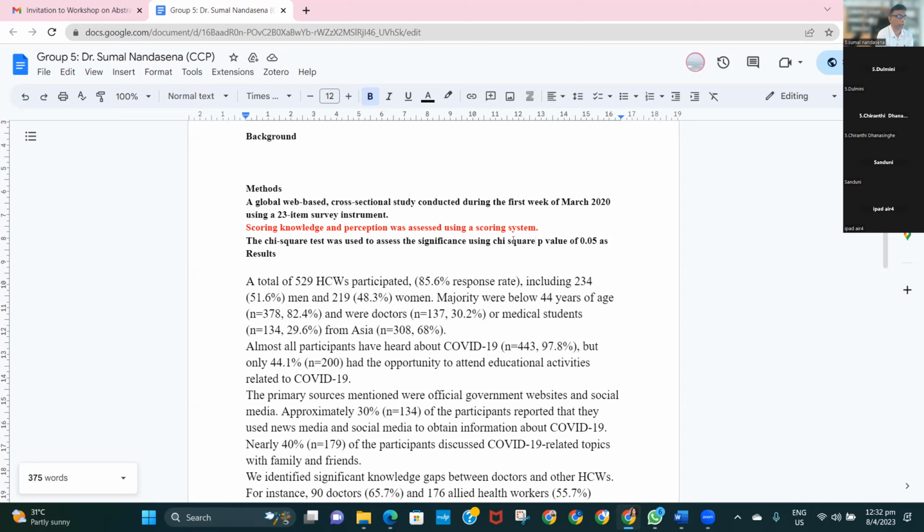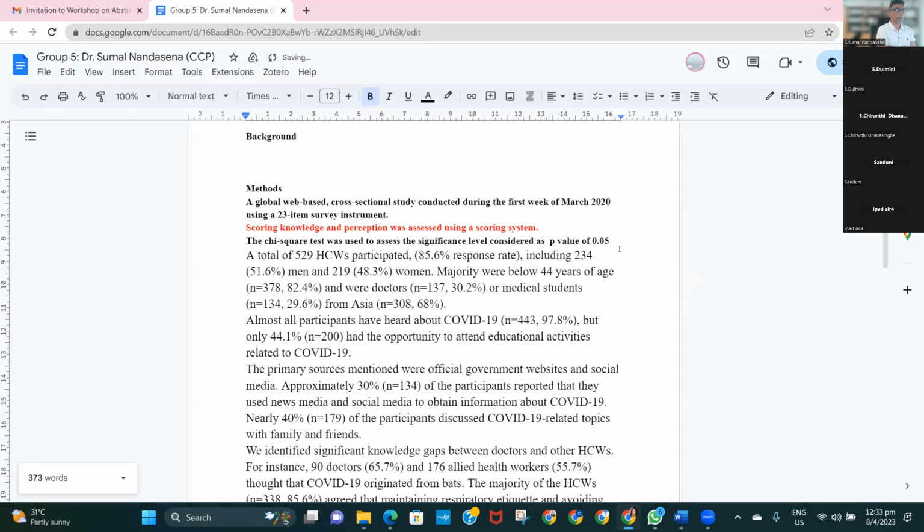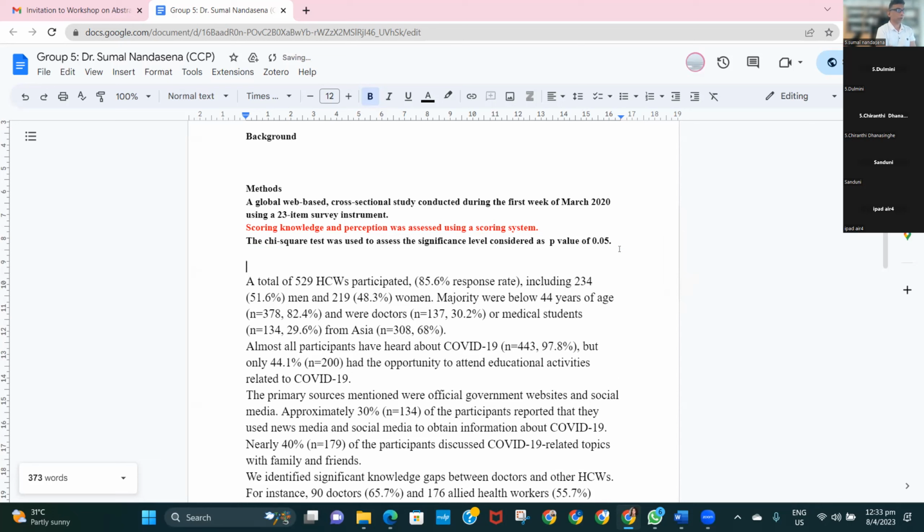You can write it as significance level considered as 0.05, because we start with the word chi-square test. So you can write the significance level without making it too lengthy and complicated. You can write the chi-square test was used to assess the significance levels. Within bracket, you can say p-value less than 0.05.